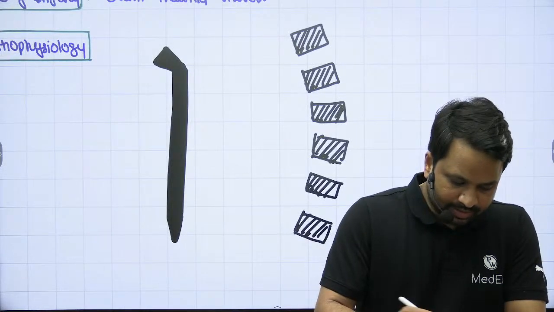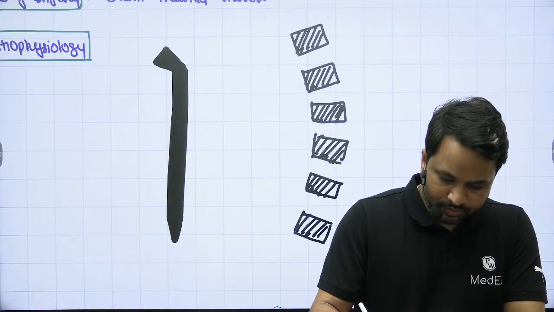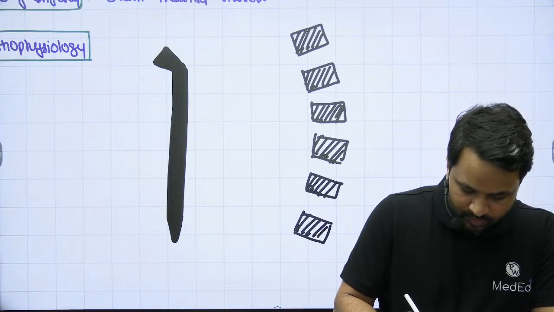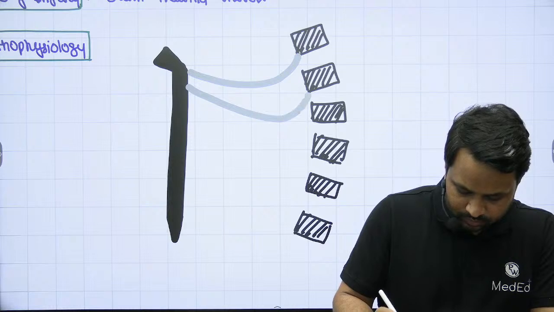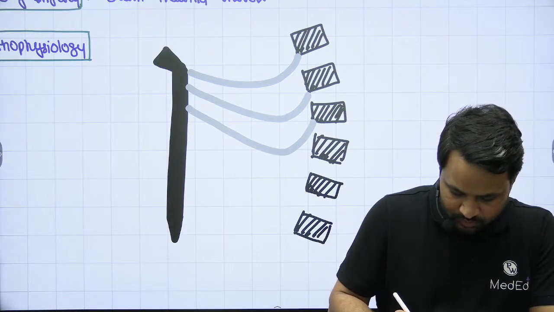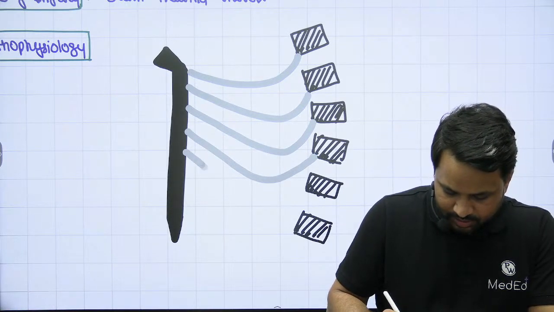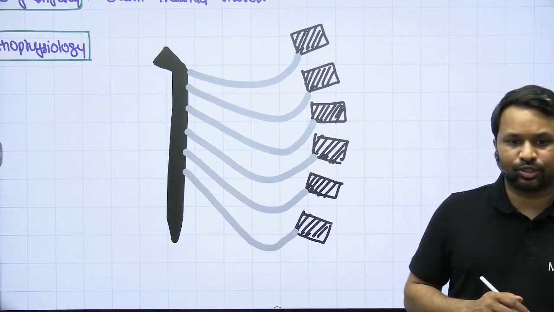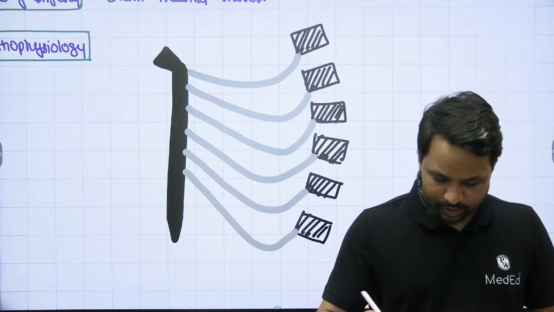Now let's say these are the ribs which are going to be attached. So these are the various ribs. Anteriorly it is attached to the sternum, posteriorly it is attached to the vertebra.